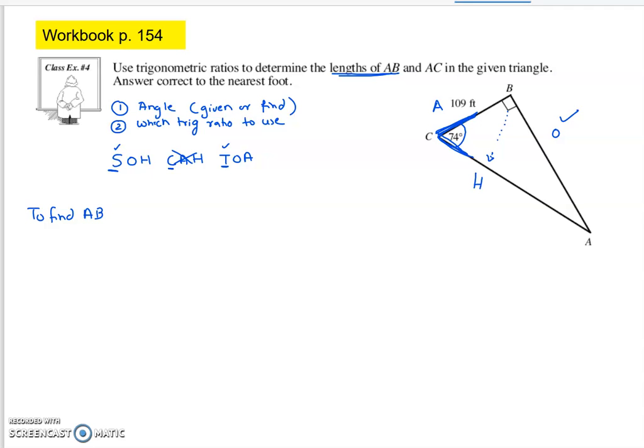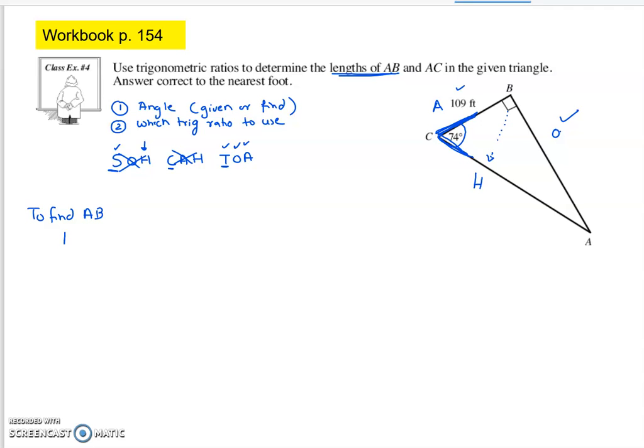Now we also need to be able to use adjacent because that's a given side. There's no point of using hypotenuse because we don't know that side. We can't have two unknown sides. We need to have another side that is known. So the only one that will have both the opposite and adjacent is tan. We can't use sine because it has hypotenuse and we don't know hypotenuse.